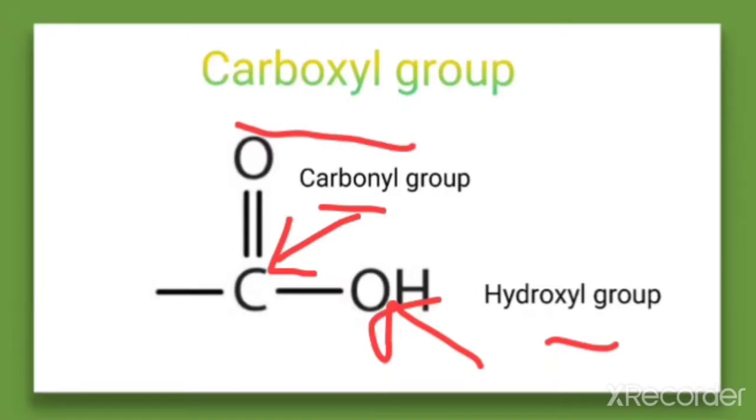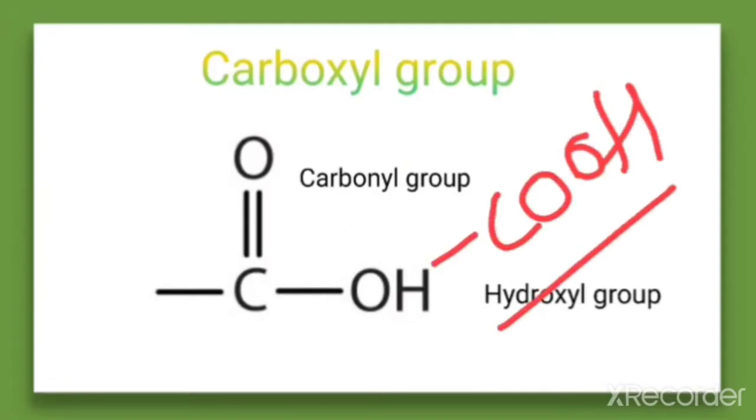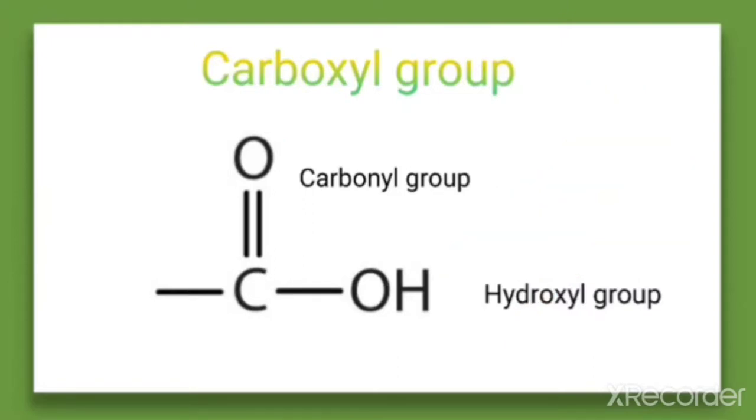That's why the name comes, carboxyl group, that is COOH. In short, we write this as COOH. What does it mean? This carbon has a double bonded O and one OH on this carbon. So we are quite familiar with a lot of examples having a carboxyl group, COOH.